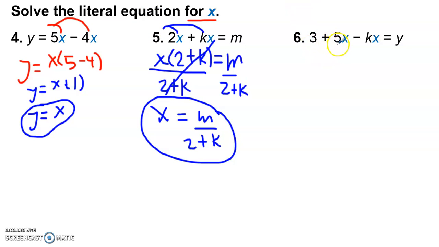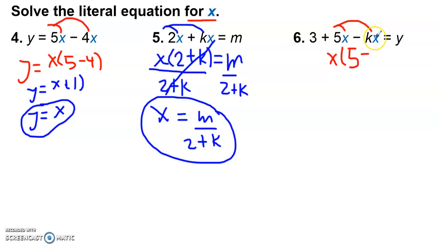Three plus 5x minus kx equals y. So both of these have x's, so we're going to undistribute them. If you take the x out of 5x, it leaves you with 5.